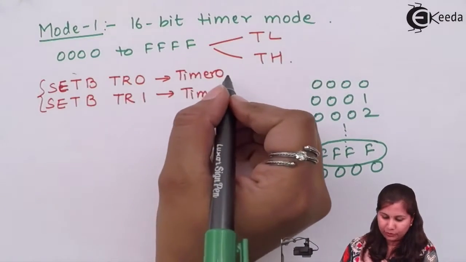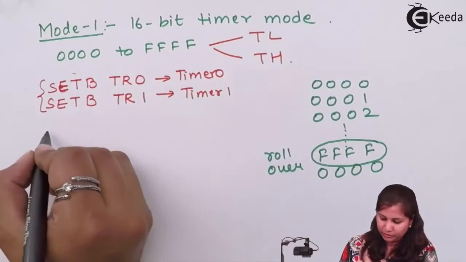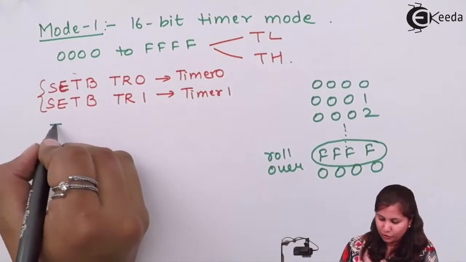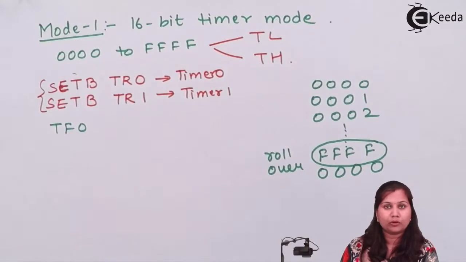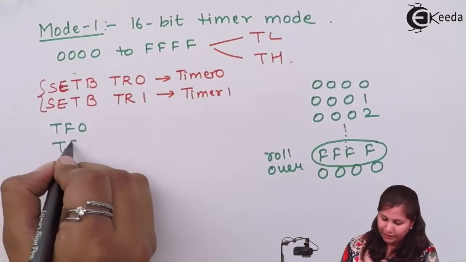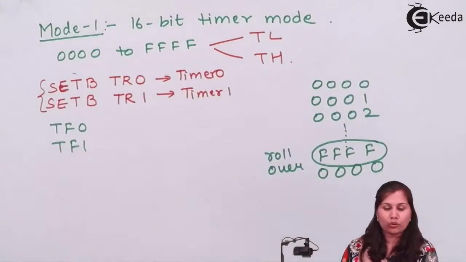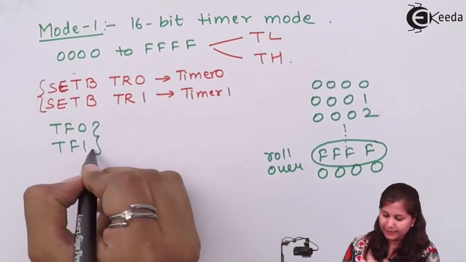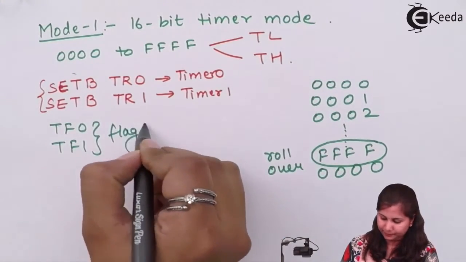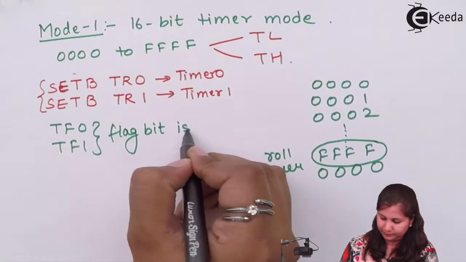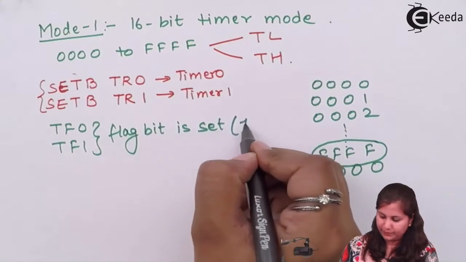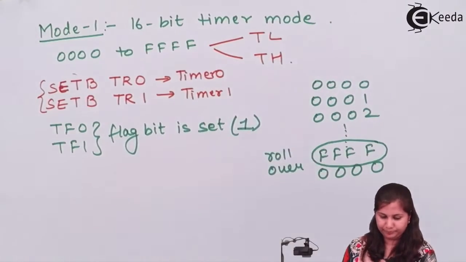So for timer 0, we have the flag bit which is called TF0, the overflow flag bit, and we have TF1 for timer 1. So whichever timer is overflowed, that flag bit is set, means it is made equal to 1.